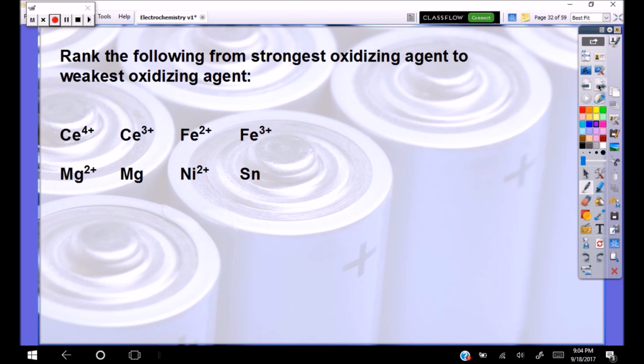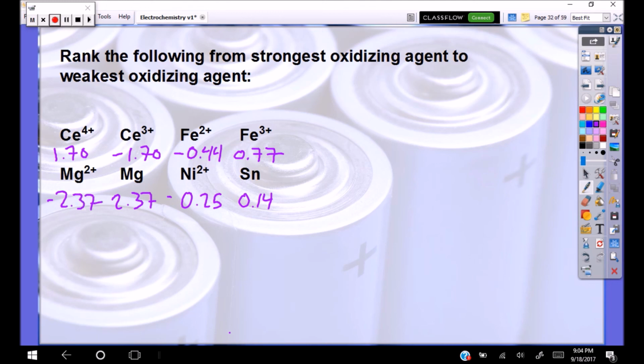Okay, I got values of 1.70, negative 1.70, negative 0.44, 0.77, 0.14, negative 0.25, 2.37, and negative 2.37. So those were the voltages.